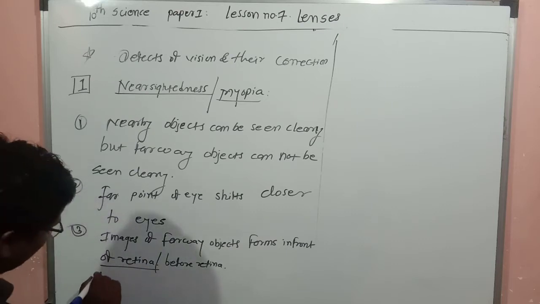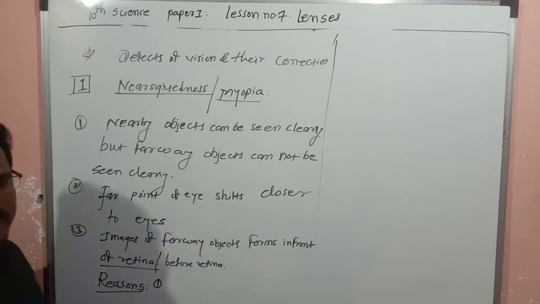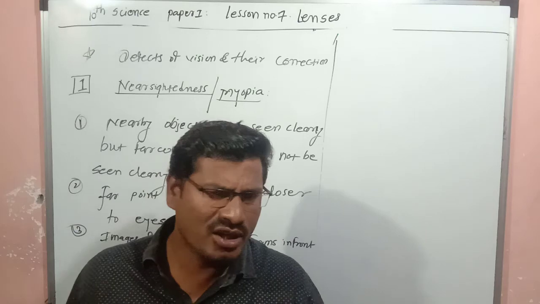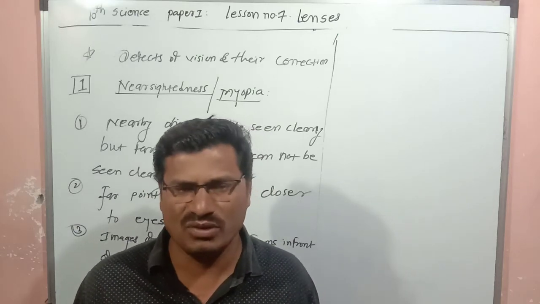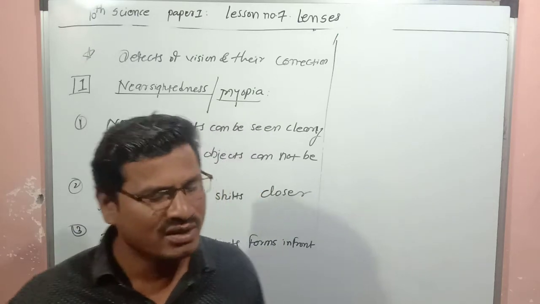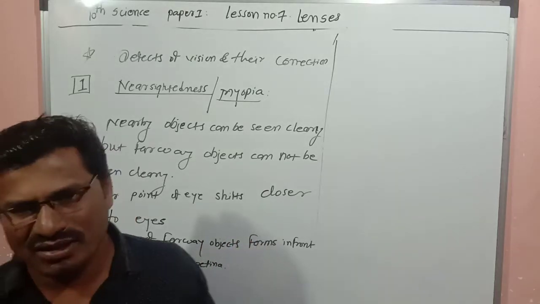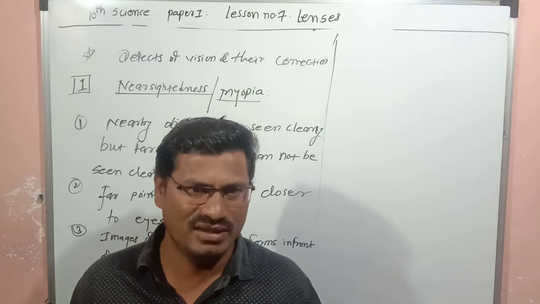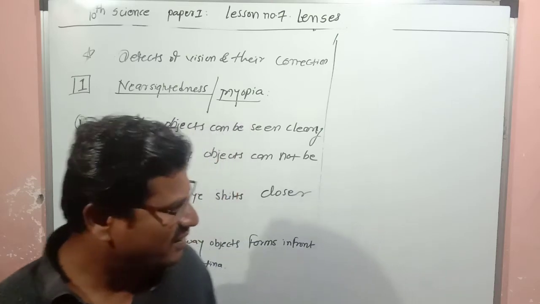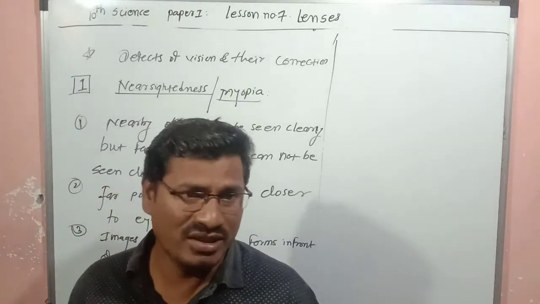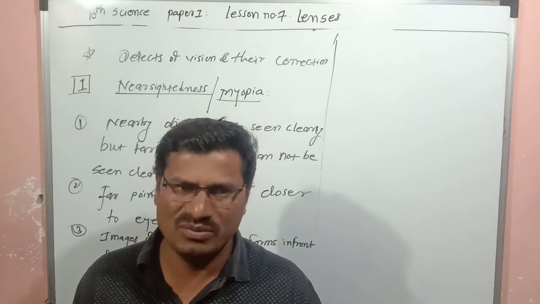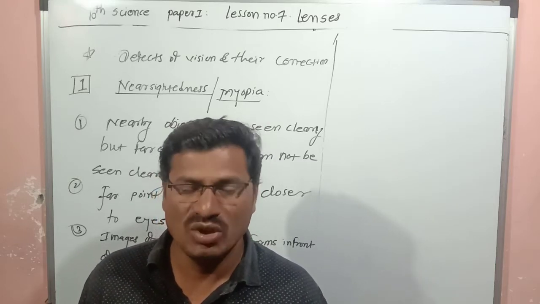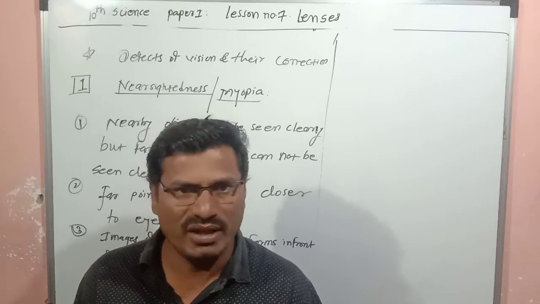And now the reasons for nearsightedness. First reason is, curvature of the cornea and the lens increases, and so the muscles of the eyes cannot relax, so the converging power increases.